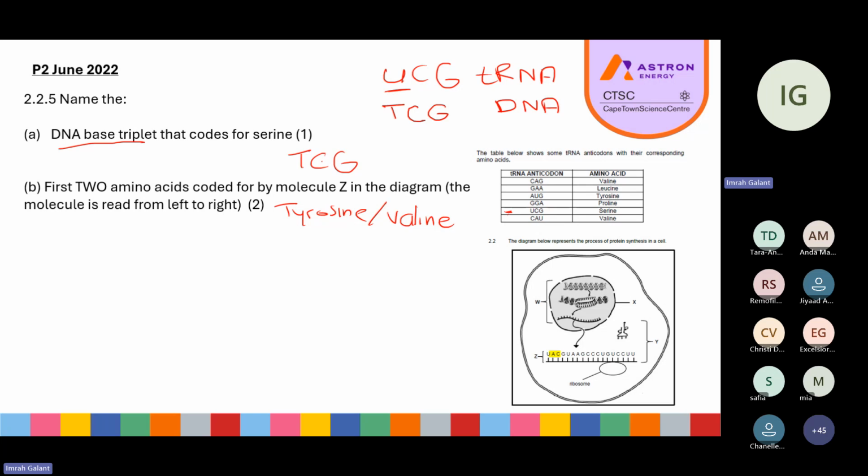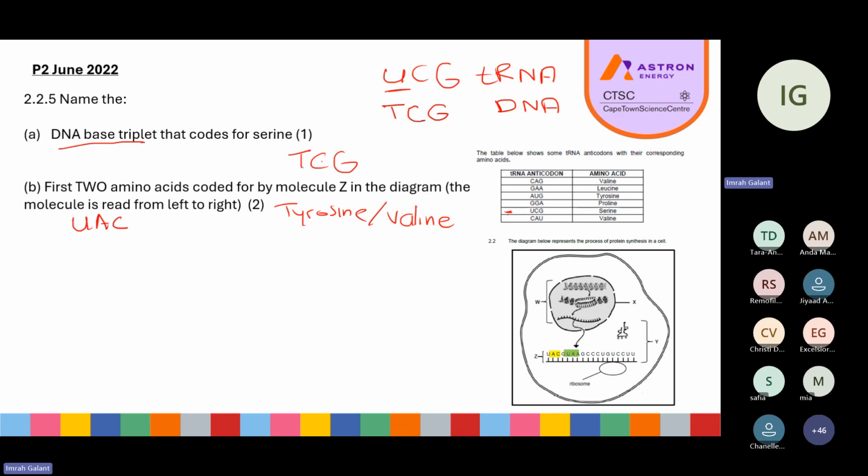Let's change that to another color. GUA. So those are the two molecules that we are going to look at. We're looking at the mRNA, right? So we are looking at the codon.